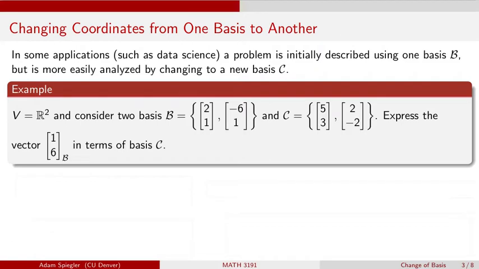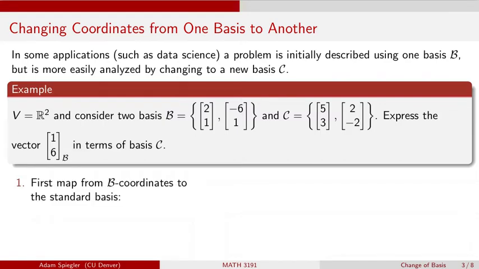And I've got some vector that's written with respect to B coordinates. So the vector 1, 6 relative to B coordinates, recall, is equal to 1 times the first basis vector in basis B plus 6 times the second vector in basis B. So I want to go from B coordinates directly into C coordinates.